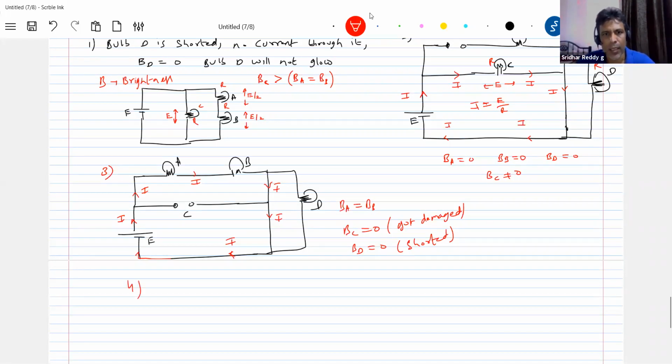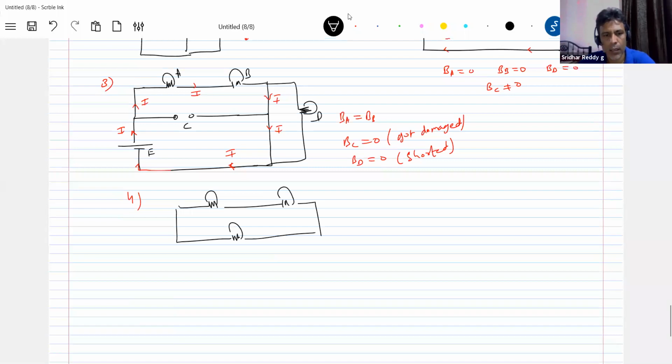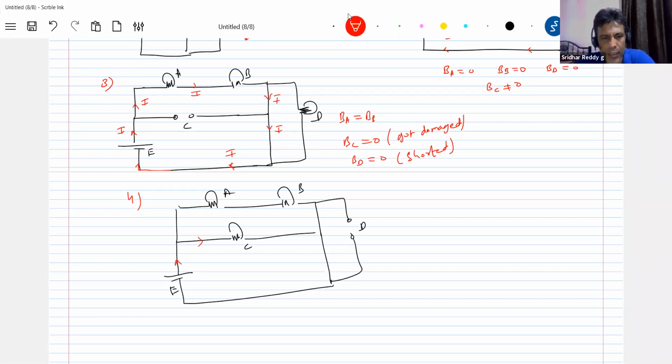Third case, if bulb D fails. Bulb D fails means I should put an open circuit. This is A, B, C, and this is E. Whatever the flow of current, the current again will branch out, I1 and I2.